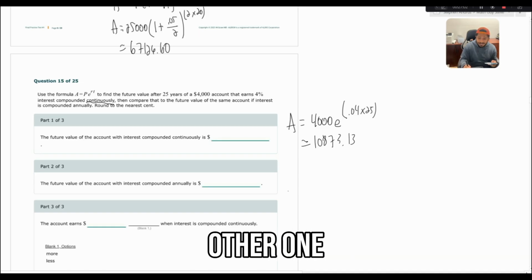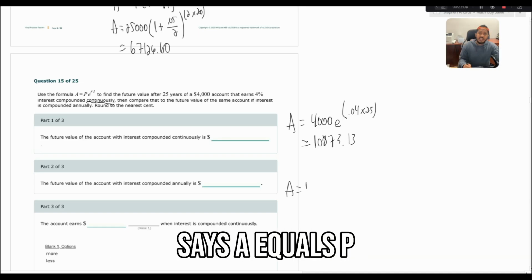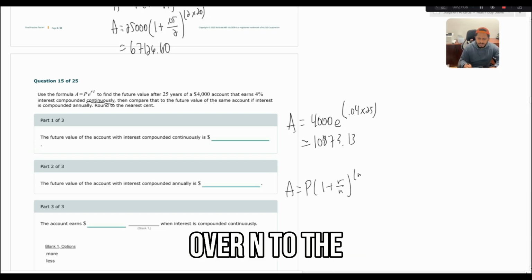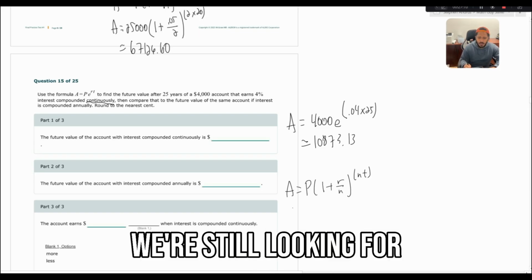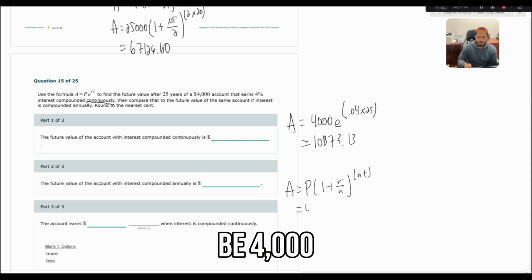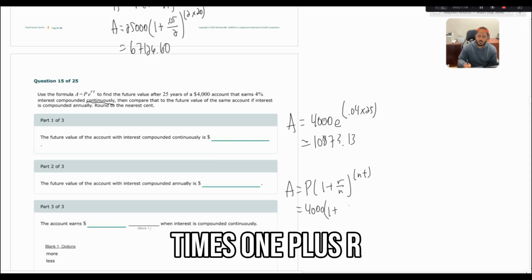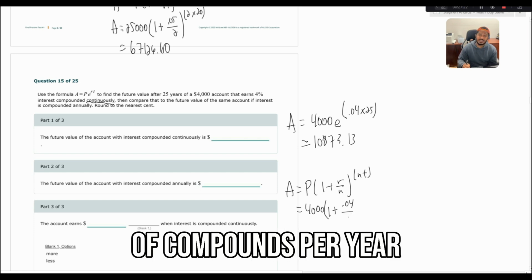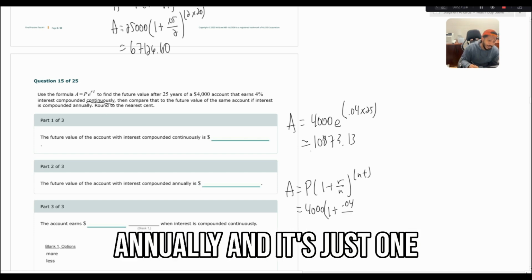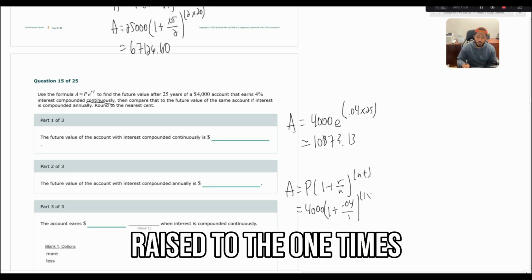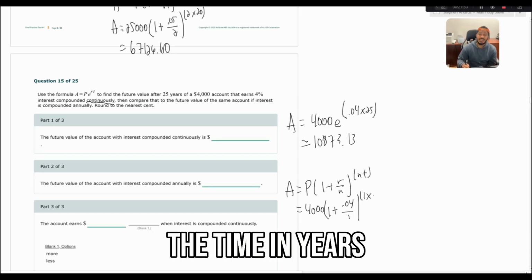Now if it was compounded annually, we use the other formula. So we got PERT, we got the other one. The other one says A equals P times 1 plus R over N to the NT power. We're still looking for the future value, the A, the accrued amount. So P here would be 4,000 times 1 plus R is 0.04 still. N is the number of compounds per year. It says compounded annually, so N is just one time per year, raised to the 1 times, and then T is the time in years, so 25.